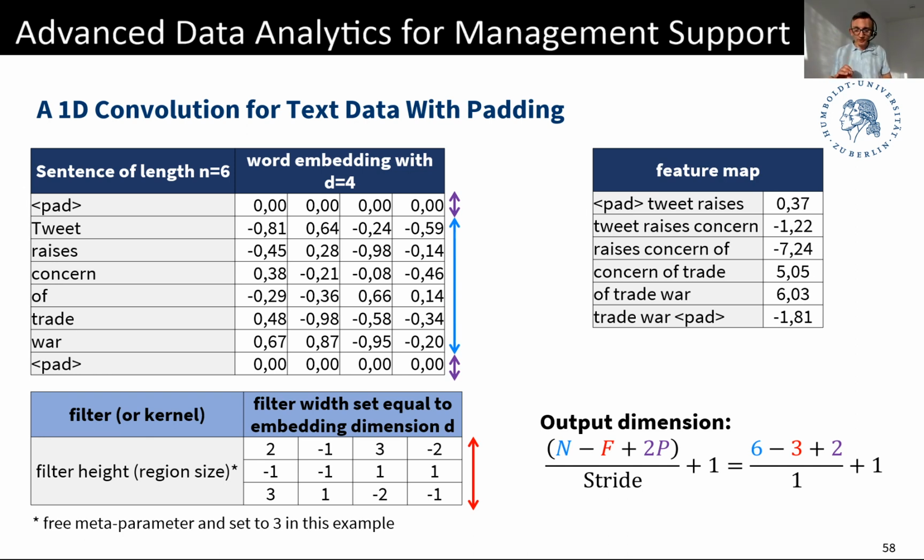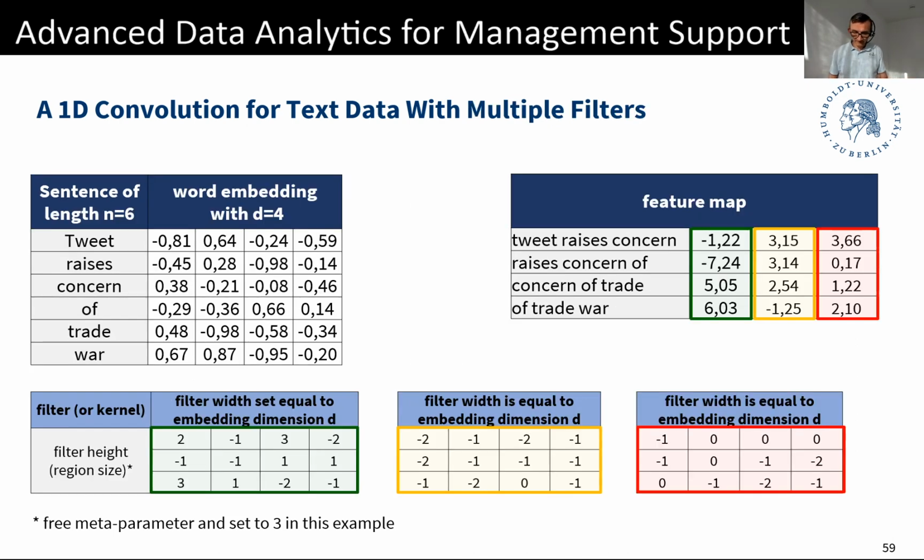That's the 1D convolution. But in CNNs, we did not use a single filter. We applied multiple filters. A filter is just a bunch of weights, a little matrix of weights. One filter is a set of weights, but as in the image case, we would consider multiple filters. Trying to picture that, here is the example.